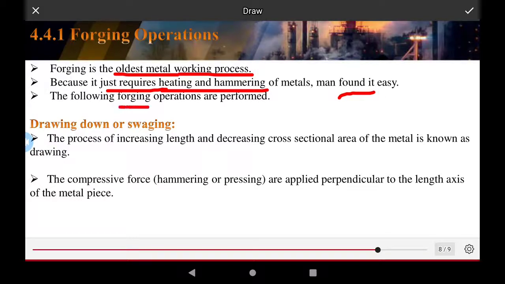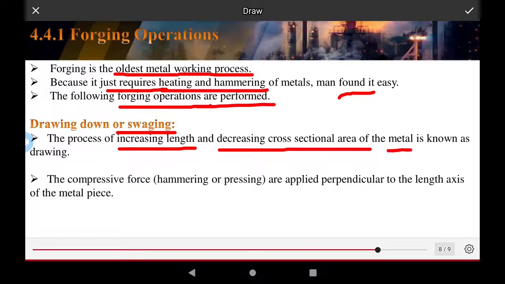The following forging operations are performed: drawing down or swaging, the process of increasing length and decreasing the cross-sectional area of the metal, is known as drawing.